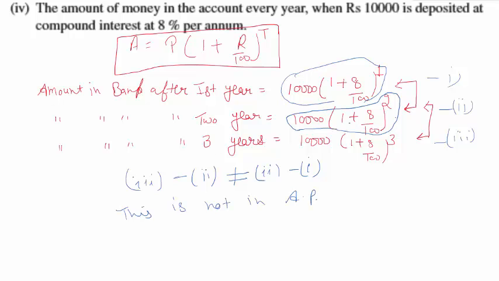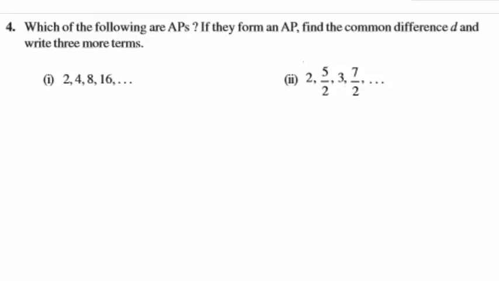Now our next question is: which of the following are APs, and if they form an AP, find the common difference and write 3 more terms. Our first question, the first part, is 2, 4, 8, 16. Here A1 is 2, A2 is 4.